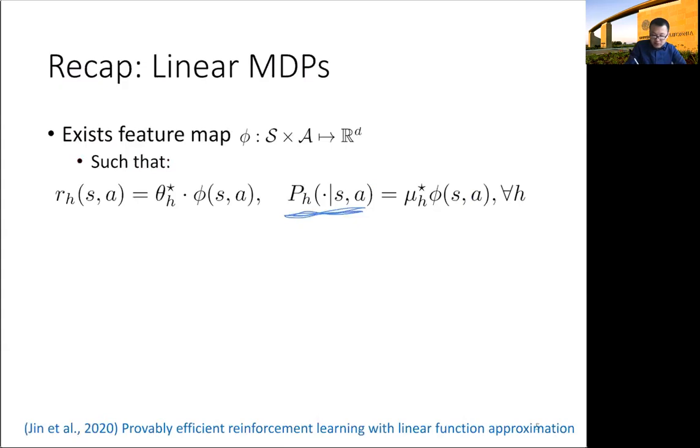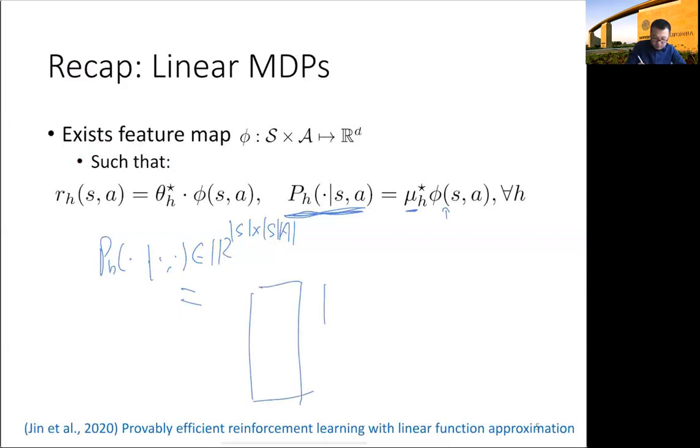It factorizes into two pieces: this is a model parameter, and this is your feature. If we consider this transition kernel, which can be thought of as a matrix of size S by S times A, and this is an infinitely large matrix, what this assumption is saying is that we can factorize this matrix into two pieces.